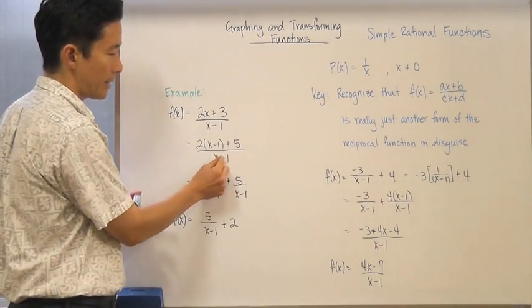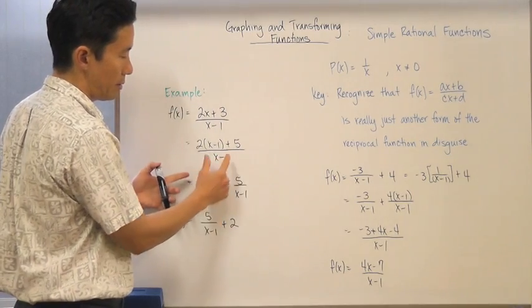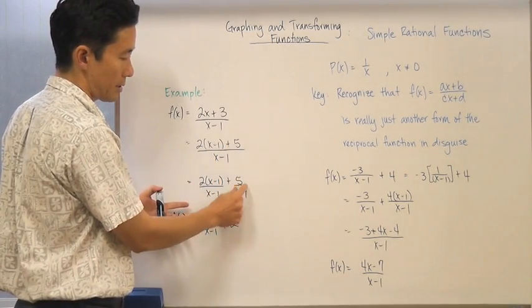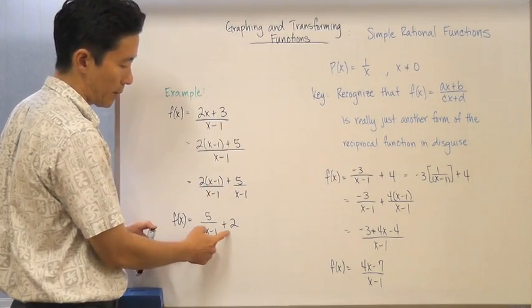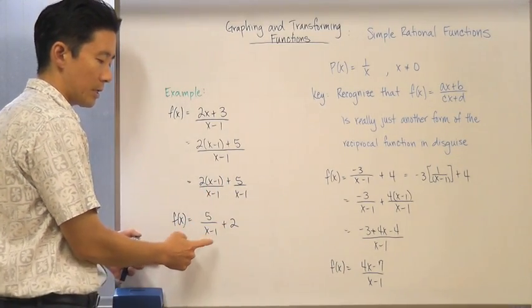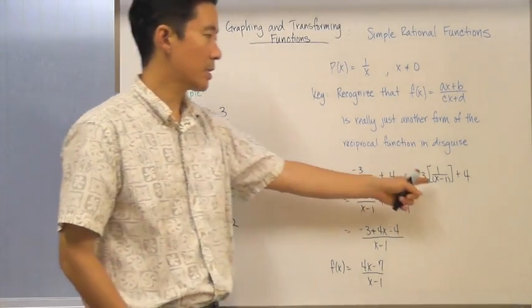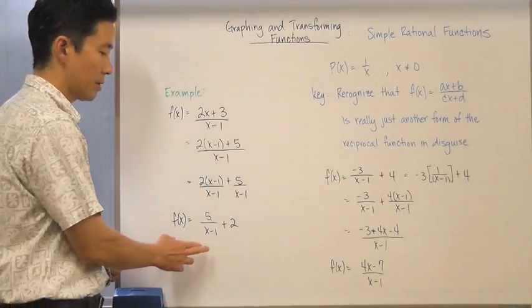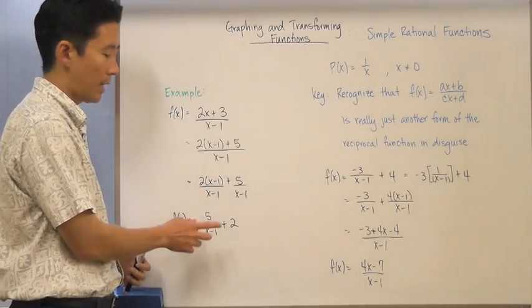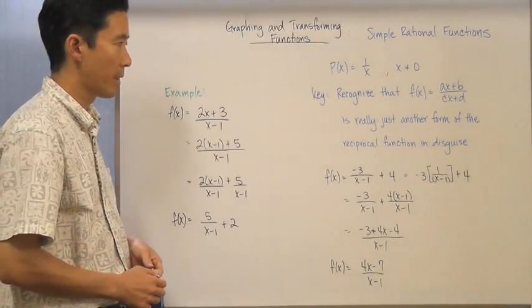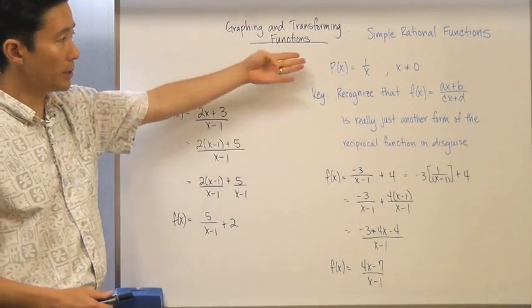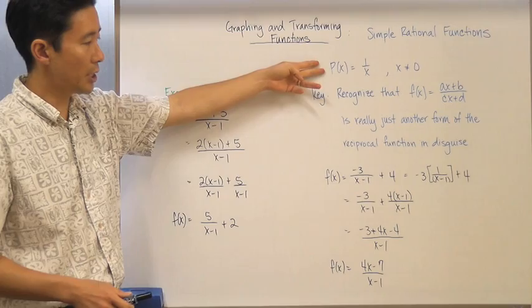Now once we get that, then we can break this up into 2 rational parts. And then, of course, we can cancel out the x minus 1 here to come up with this form here, which is much easier to see in terms of what the parent function is and what transformations are being applied to that parent function. So there you go. We start off with the reciprocal function here.